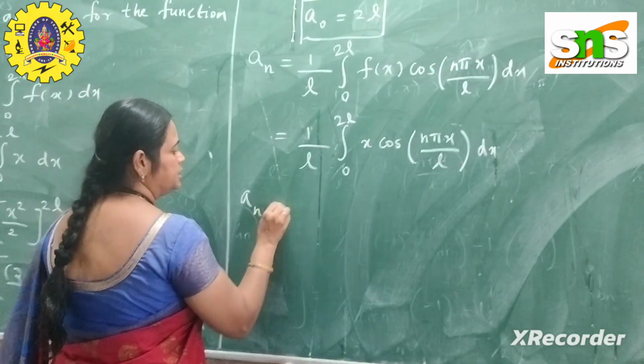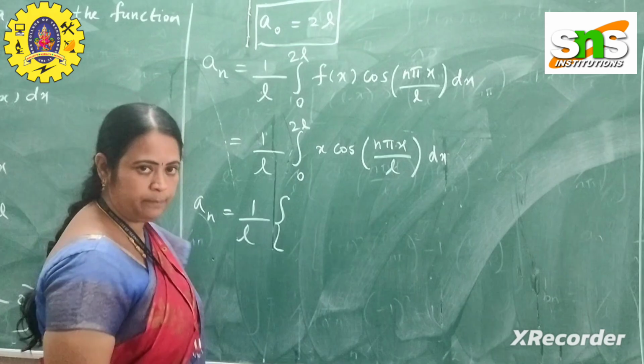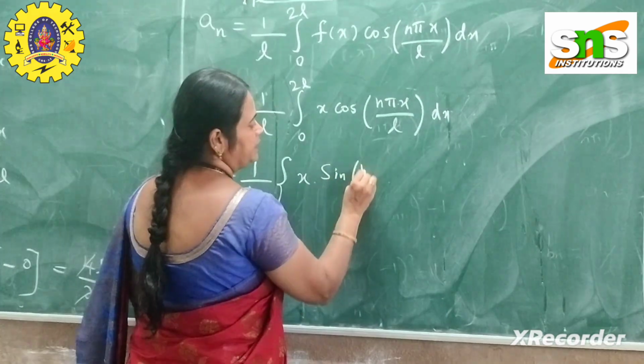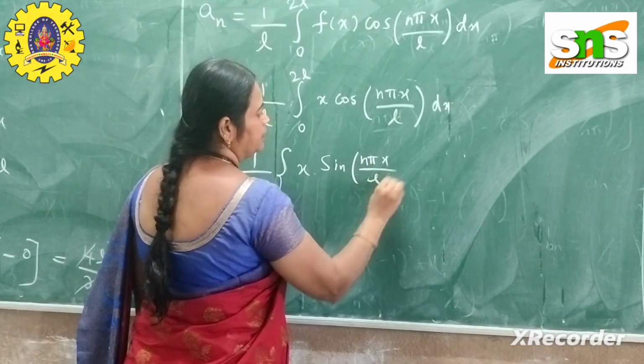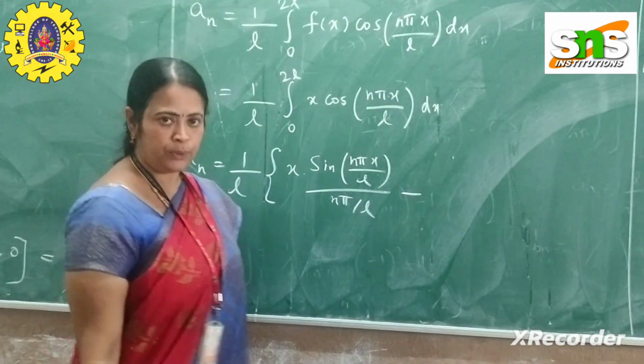So an is equal to 1 by L into u into v1. So u is nothing but x into v1, which is sine of n pi x by L divided by n pi by L, minus u dash into v2.